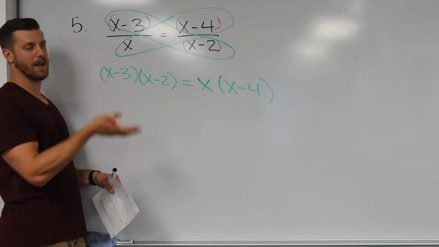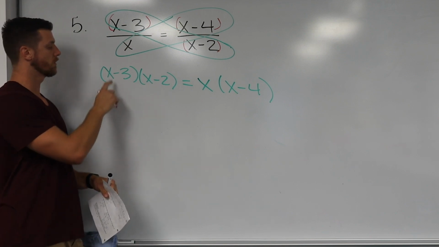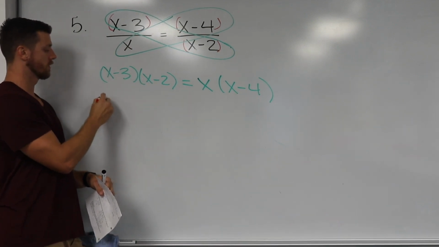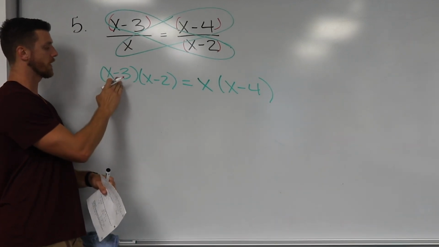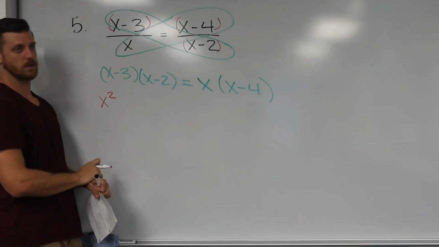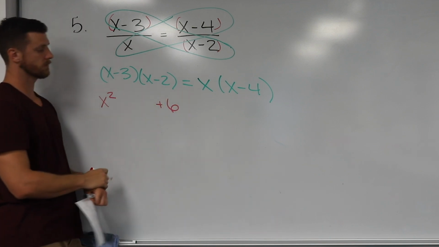It's kind of a backwards version of the one I showed you when I factored on the previous problem. Well, what's x times x? X squared. What's -3 times -2? +6.